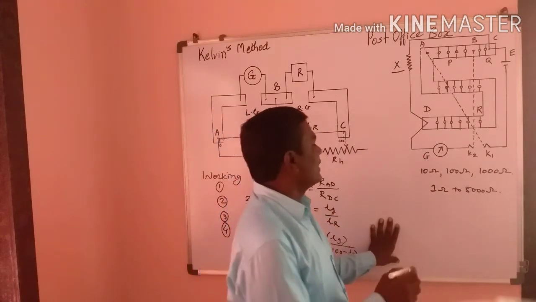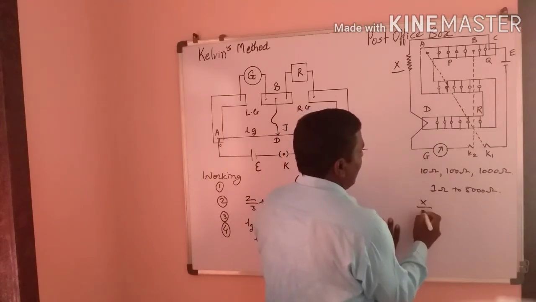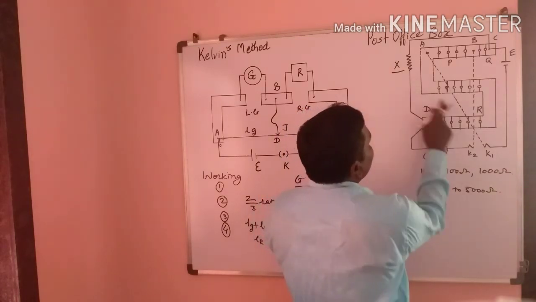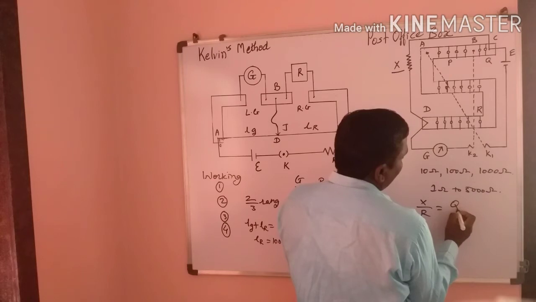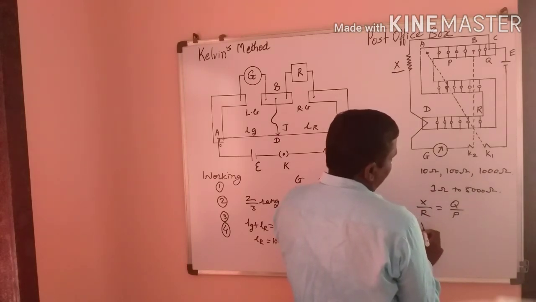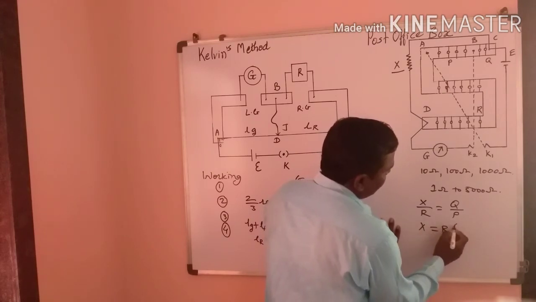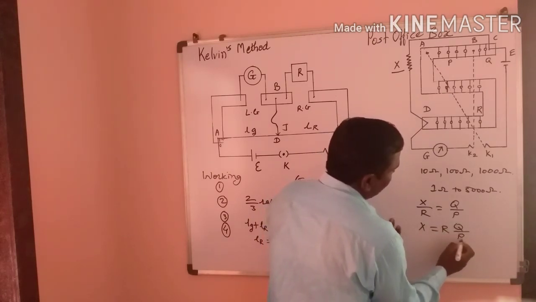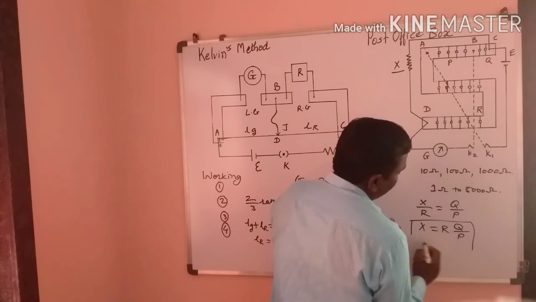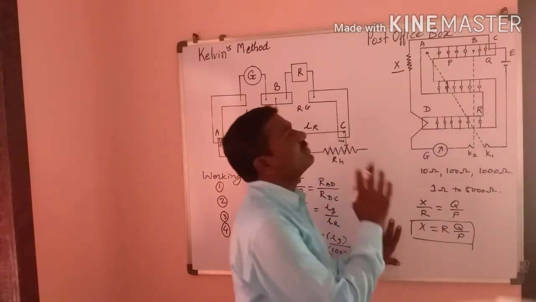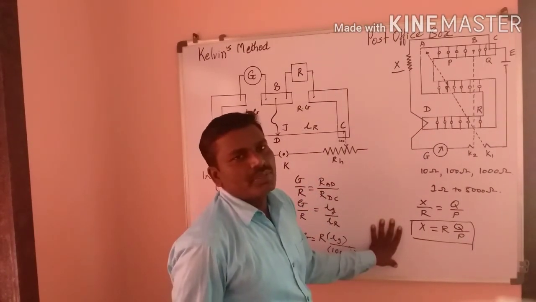In that we write X upon R equal to Q upon P, and X is the unknown resistance, X is equal to R into Q upon P, and from this we can determine the unknown resistance by using the post office box.